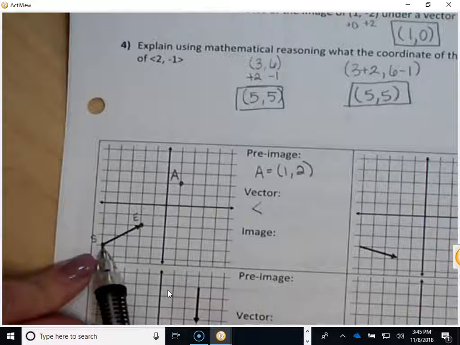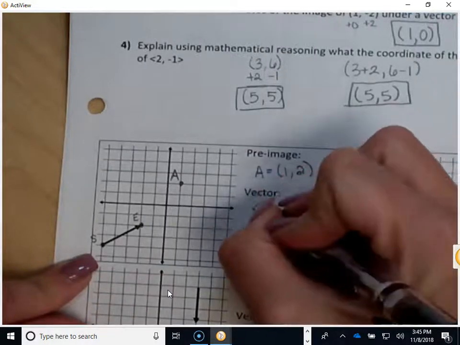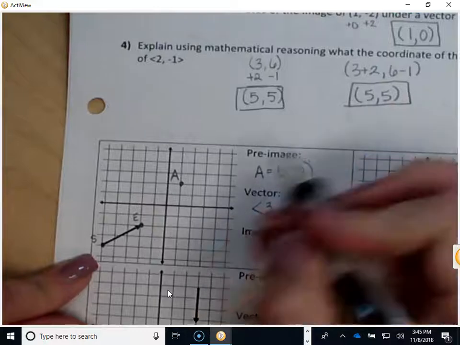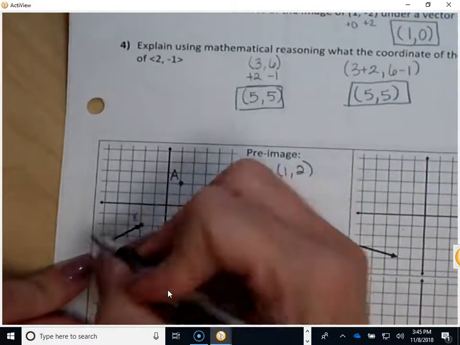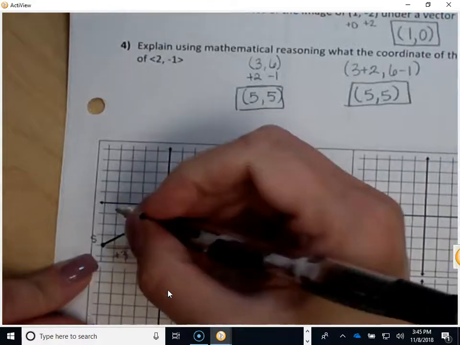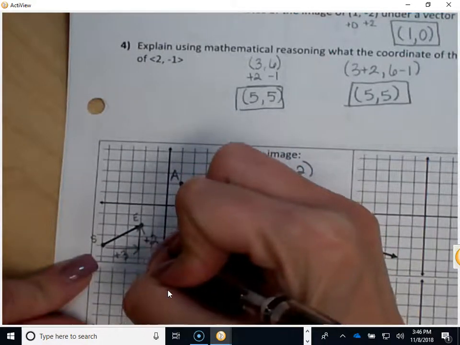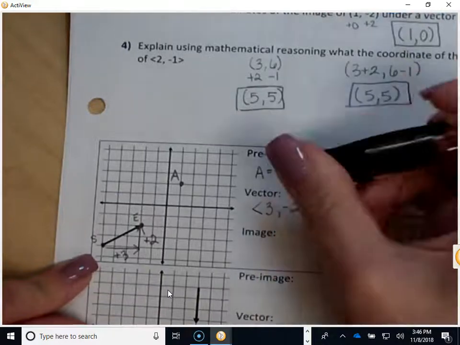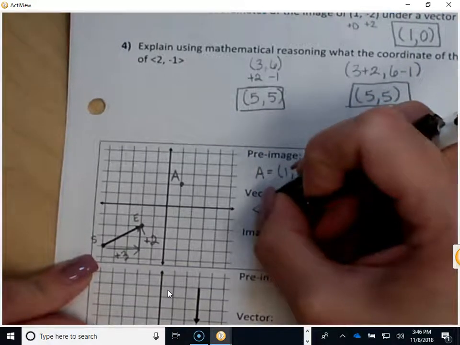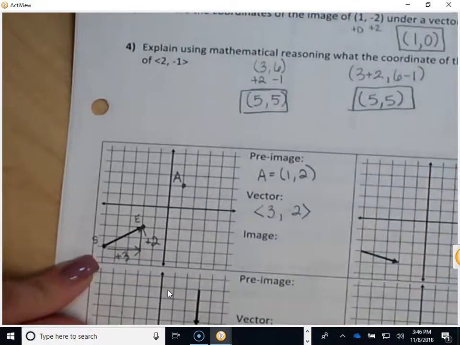It looks like we're going to the right 1, 2, 3 points. So that's a positive 3 because we're going to the right. And then we're going up 2. Since we go up, that's positive. If you went down, it would be negative. So positive 3, positive 2 is our vector.